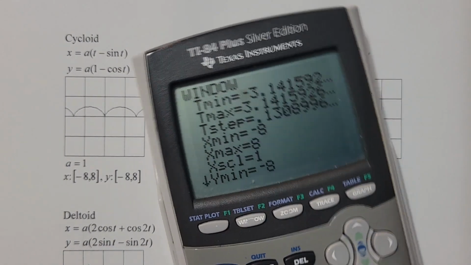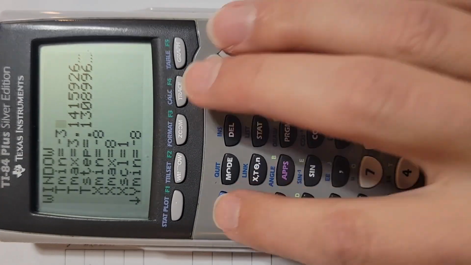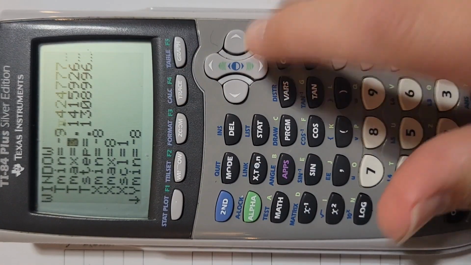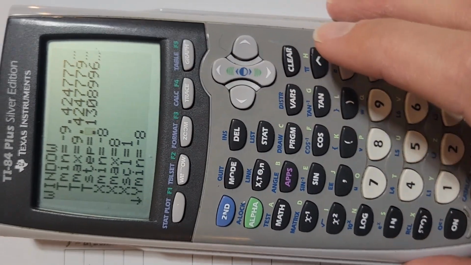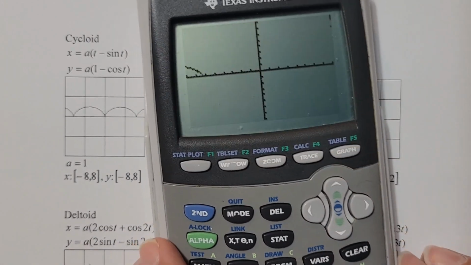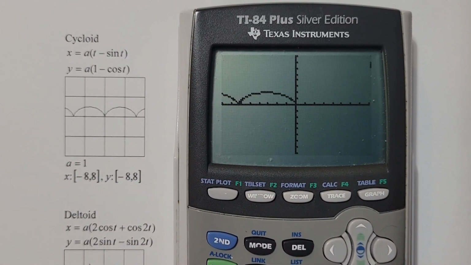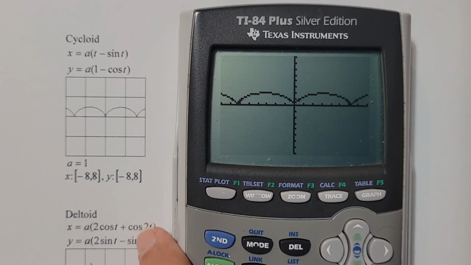So I think if I increase that, what if I go from -3 pi to 3 pi? Okay, then hit graph. Okay, there's that curve then. Okay, so again, to see the complete graph on some of these, you might have to adjust the interval there for the t values.